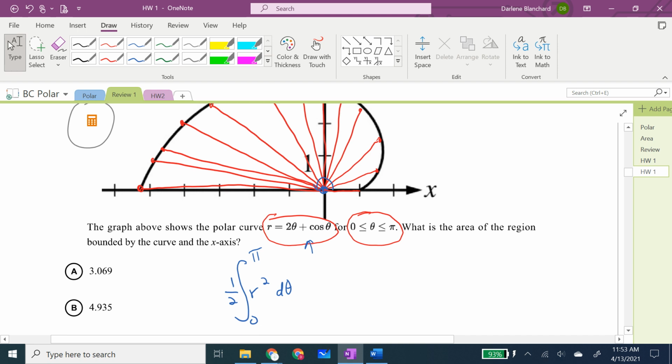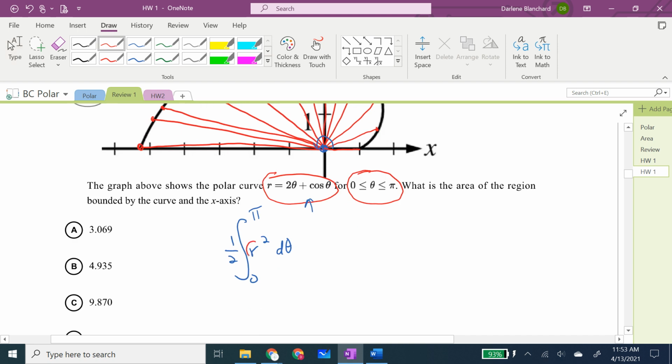At that point, you're going to plug this into your calculator. Know that you don't need to be in polar mode. In fact, I would recommend that you never go into polar mode during the AP exam or parametric mode. When you type in your integral, if you feel the need, you can just use the letter x wherever you have a theta. And then that's going to pop out one of these answers.